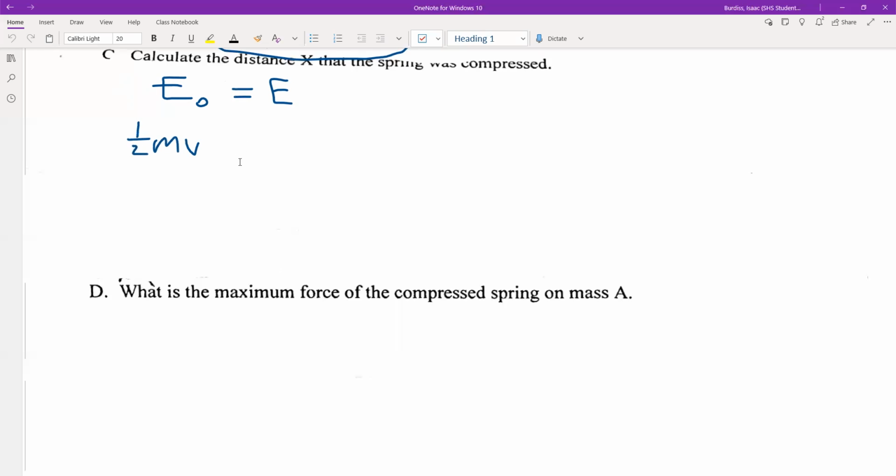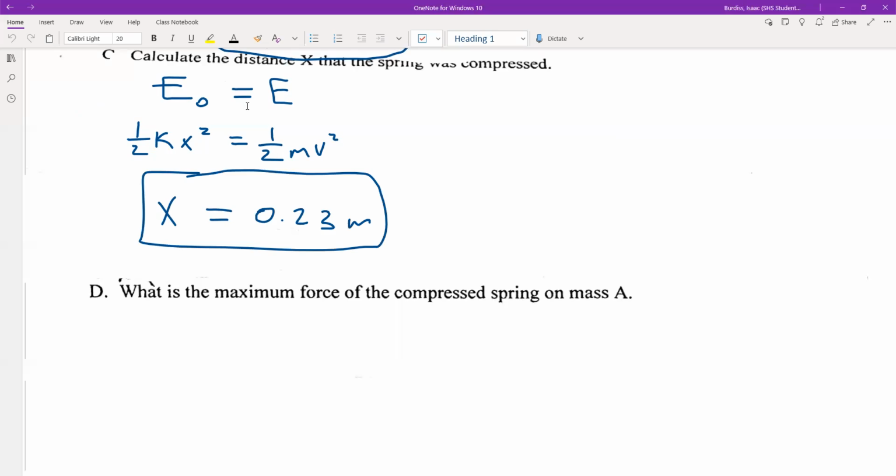Initial energy is this. All right, and plugging in our values that we knew, I'm not going to take time to do that, but we would get this. And since x is squared, that's why it ends up being positive, but good that it is because that's a scalar. So that's the answer for that part.